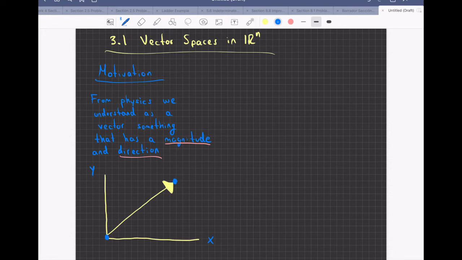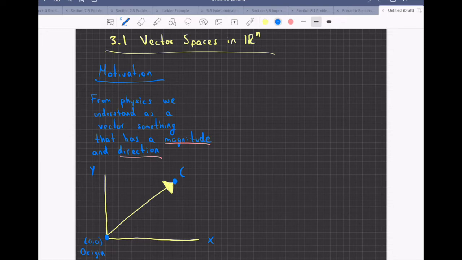So we can represent the vector only by the endpoint, of course, if we assume that always the initial point is the origin. I mean, this is the point 0, 0, origin. But this point has two coordinates and they determine the vector.